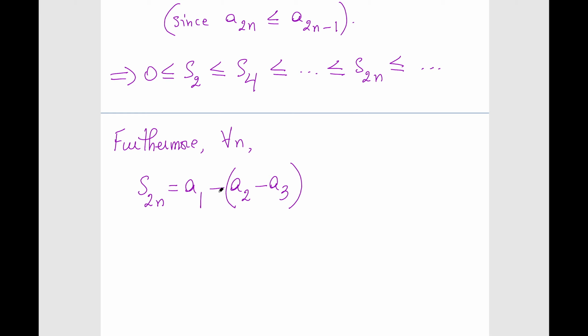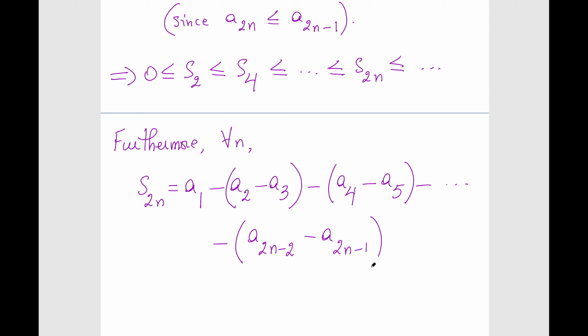Then minus A4 plus A5. If you put the brackets, this is going to be A5 like this, right? So this remains minus A4 plus A5. And so on, all the way to the last term, which is A2n, and before that you're going to have A2n minus 2 minus A2n minus 1, right? The last one is A2n, correct?